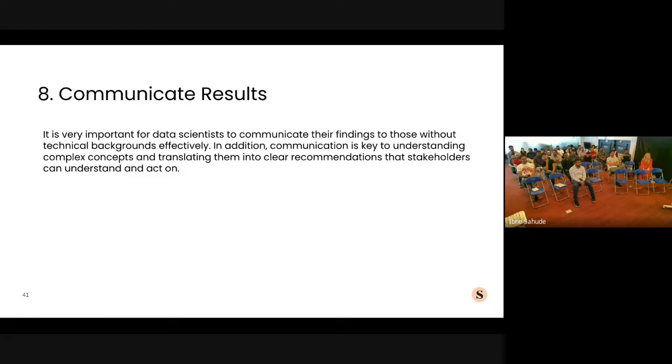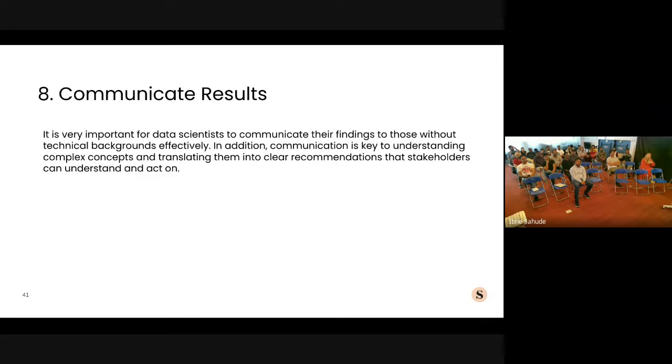So communication is very critical. You have to make sure that whatever findings you have got from the machine learning model, from prediction, or from the analysis, you communicate it properly to your stakeholders or whoever is the person trying to get the business value out of it. So that's the final step and one of the most critical and ultimate goals of this entire data science project.